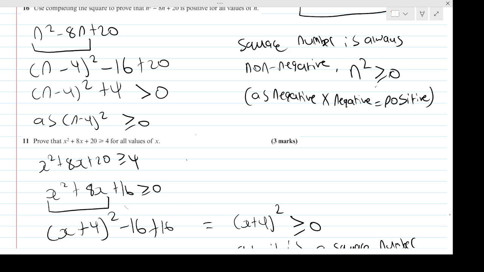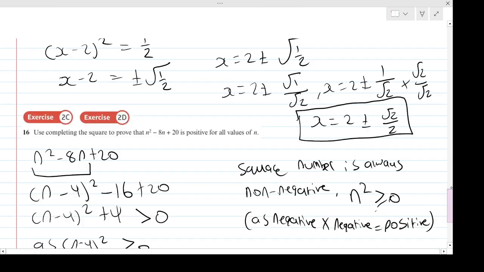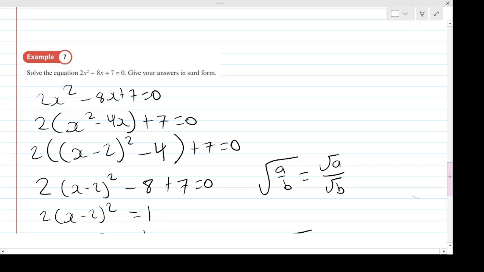And this is the sort of method to follow: just complete the square, then you recognise the square number, so it can only be positive or so on. We'll look at more examples of how to use completing the square in later chapters, but this is essentially what we do. This is the whole idea behind it. And so, yeah, that's essentially it without waffling too much. That's completing the square.